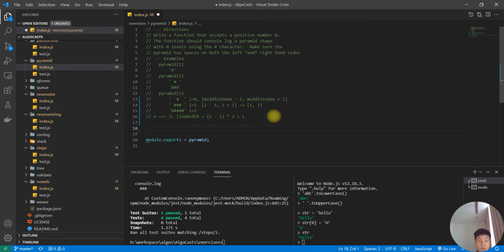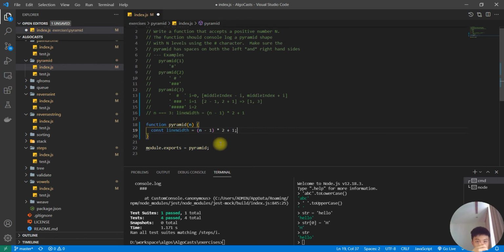Let's go to the function. Function pyramid, taking the n levels. I'm going to calculate the line width first. Constant line width equal to n minus 1 times 2 plus 1. How about the middle index?